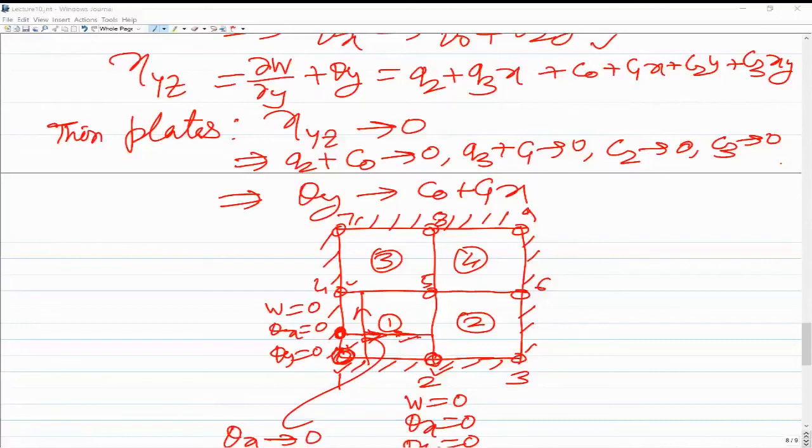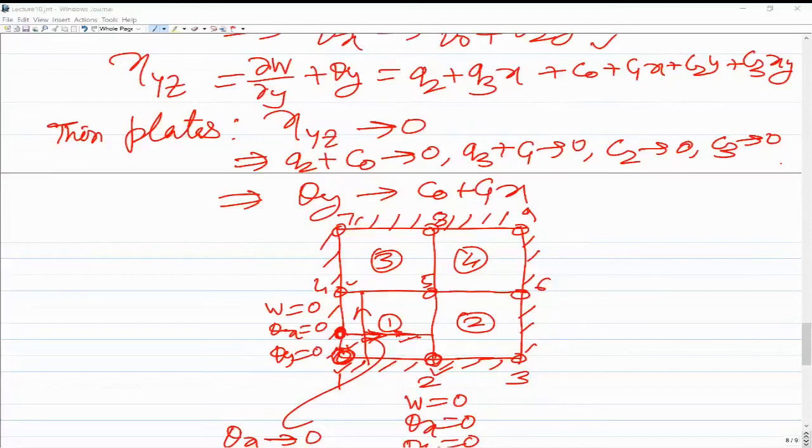When it is a combination of multiple plates with different thicknesses, it is difficult to decide which portion we should use thick plate theory for, and which portion thin plate theory. So then you need to use an element which gives accurate results for both. If somewhere shear deformation is happening, the element should automatically take care of that. And if somewhere thin plate assumptions are getting enforced, the element should automatically enforce that. So that is why we use first order shear deformable plate theories with locking eliminated and the associated problems.